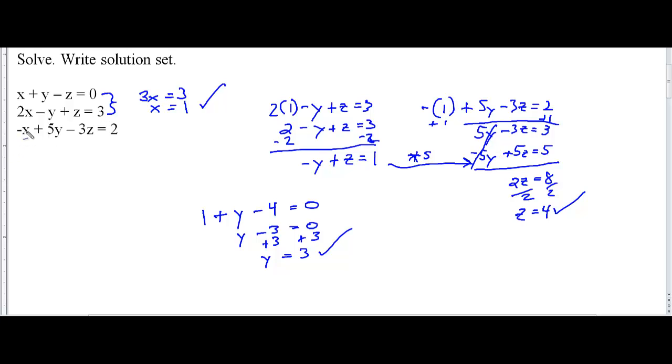And it goes negative 1 plus 5 times 3, which is 15, minus 12. So negative 1 plus 15 minus 12 is 2. So all of these work, and these three planes actually intersect at a point, which is pretty fun.